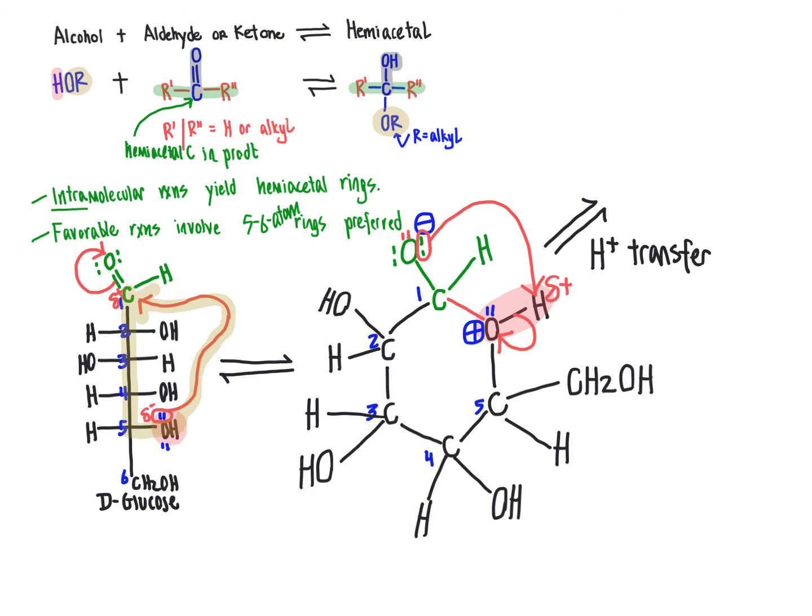So let's go ahead and draw that final product, where the only difference between the structure that we drew in the intermediate and here is going to be the transfer of a single proton from one position in the molecule to another. So I'm drawing in all of my carbon atoms here and then filling in my hydrogens.